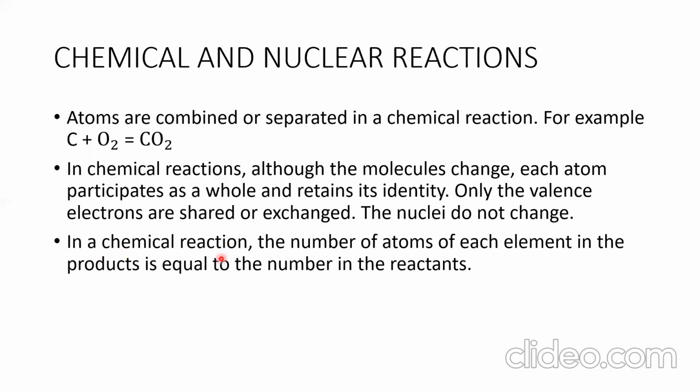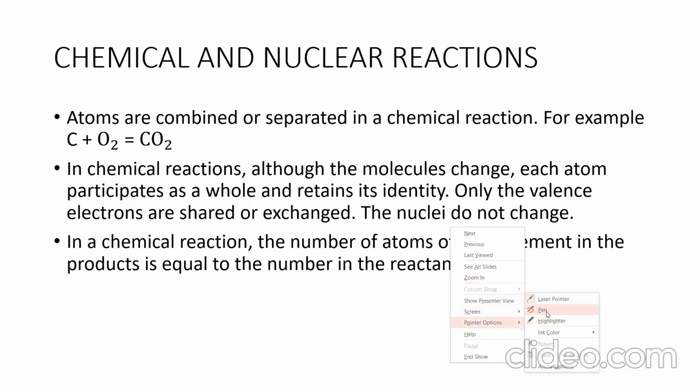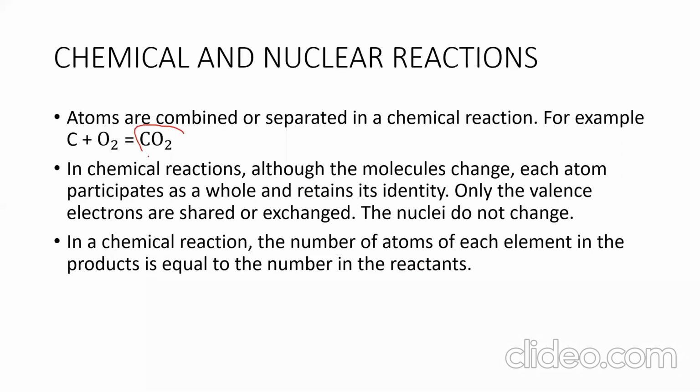In a chemical reaction, the number of atoms of each element in the products is equal to the number in the reactants. I will show. In this reaction, CO2 is the product, and C and O2 are the reactants. What it states is that the number of atoms of each element in the products is equal to the number in the reactants.